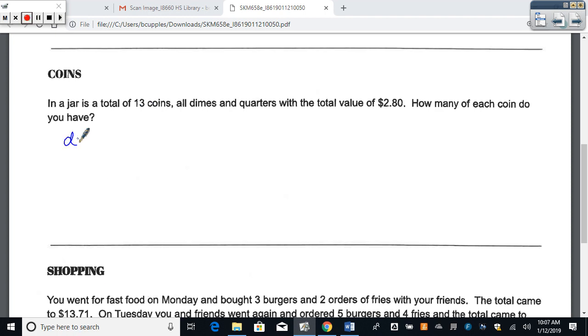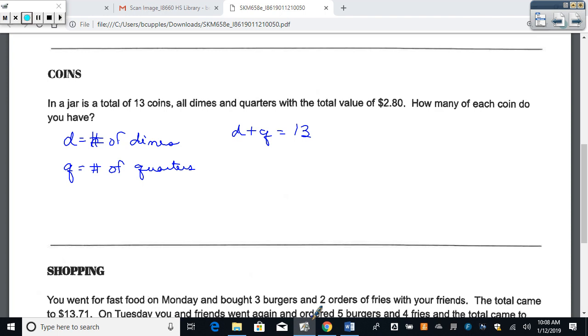So I'm going to make D equal the number of dimes and Q equal the number of quarters. Okay, and if we can add those two up, okay, we have 13 total dimes and quarters, right?